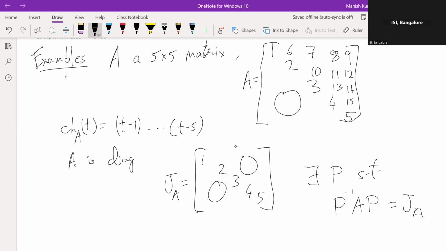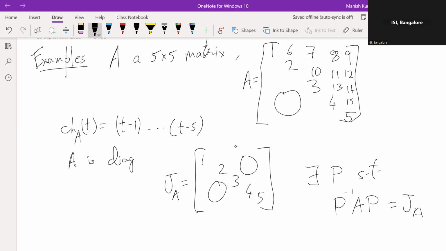But if you have to do it manually, you'll have to do some row operation and corresponding column operation to get this conjugate. The advantage of doing it manually is you get P as well, because the row and column operations tell you what matrix you are multiplying by.